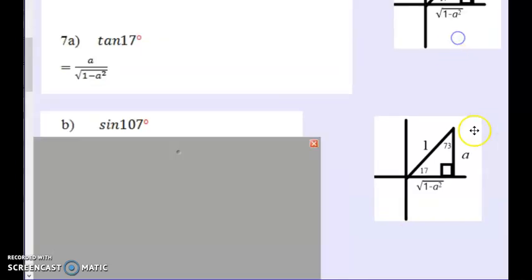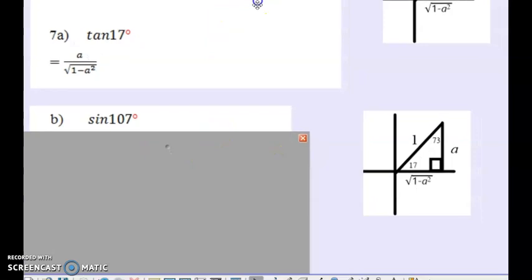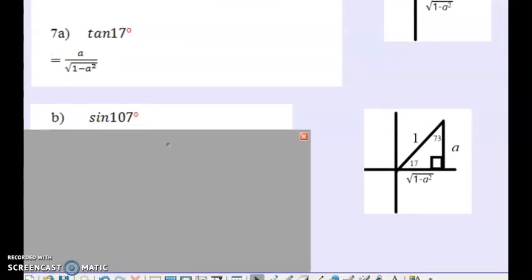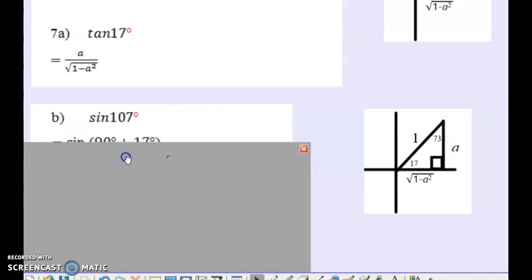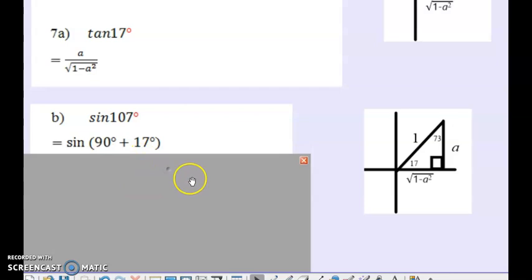The next question that is asked is sine of 107 degrees. So working with 107 degrees, I can easily say that that is 90 degrees plus 17 degrees. So I rewrite it as sine of 90 degrees plus 17 degrees.